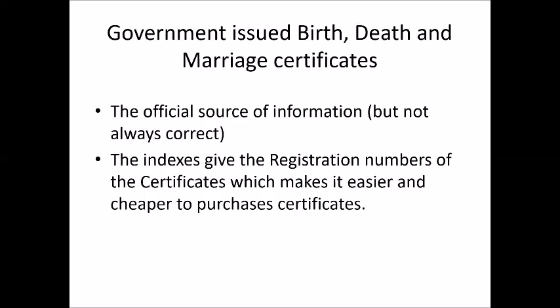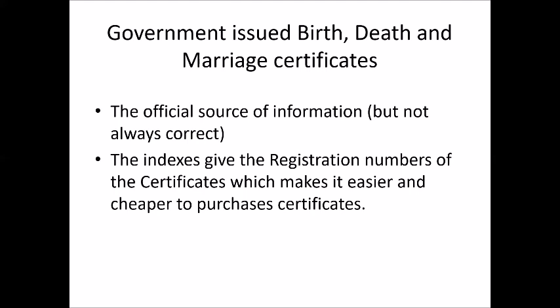Right. So there's official information, and official information is what we get from births, deaths and marriages. So, government-issued birth, death and marriage certificates. In Australia, civil registration started in the 1830s, because civil registration began in England in 1837.